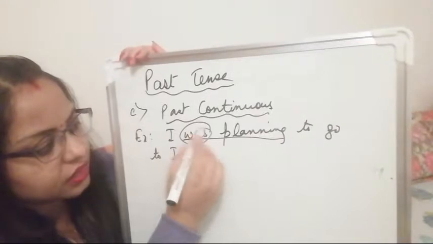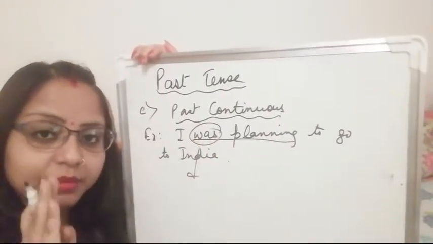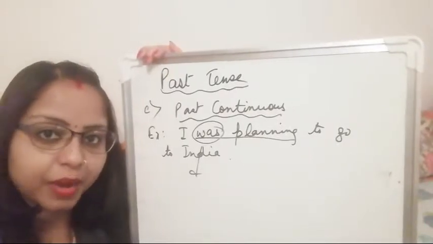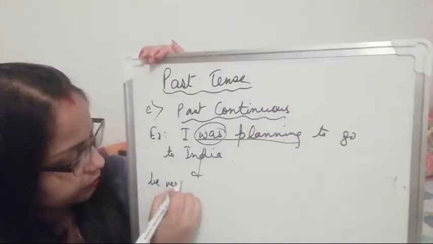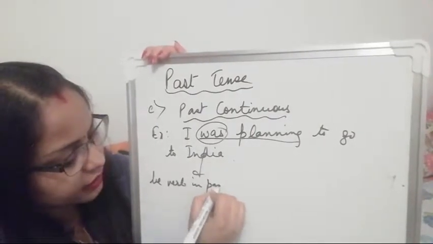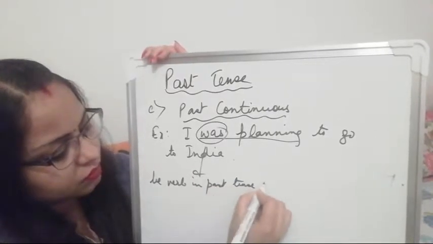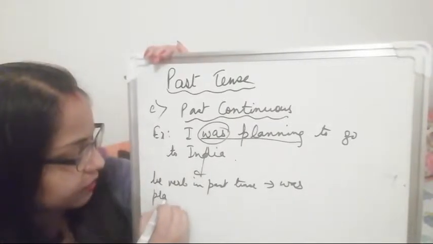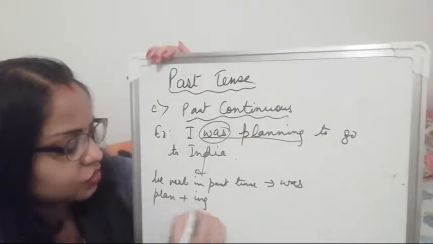So see again the be verb, am, is, was, are, were, as I already told you. Was is the be verb in the past tense, and the verb plan is in ing form.